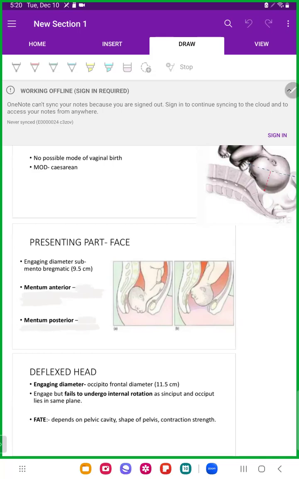But what if the mentum is posterior? So if the mentum is posterior, then the brow portion will get stuck behind pubic symphysis, and it can't undergo flexion. Hence, in this position, normal delivery is not possible unless the baby is very small.